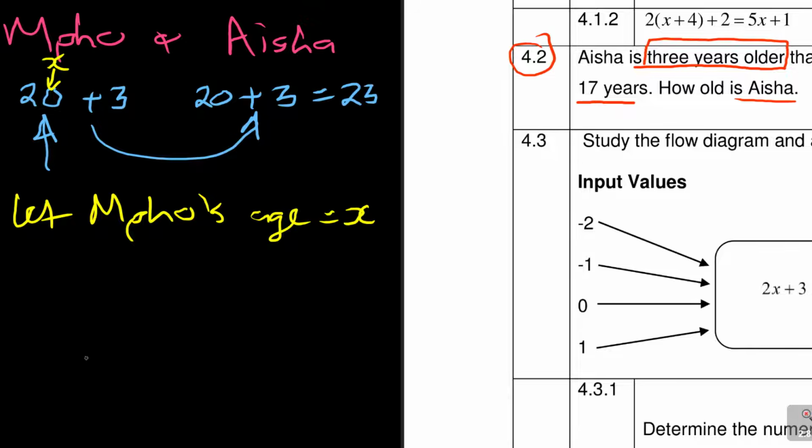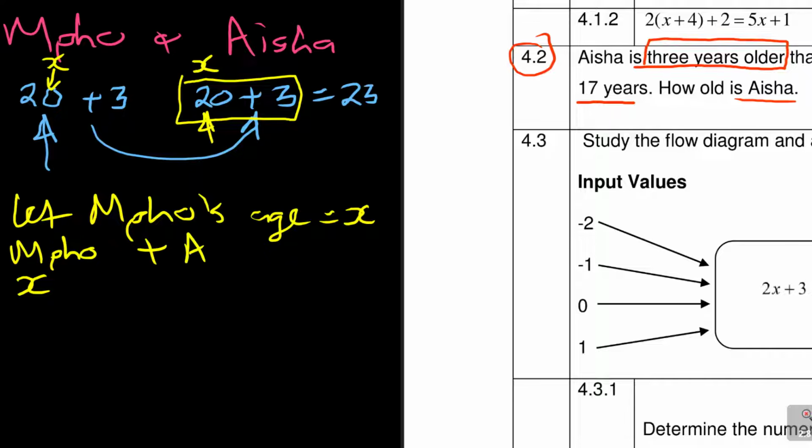So if we take Paul's age, which is X, plus Aisha's age, what do you expect Aisha's age to be? X, which is Paul's age, plus 3, because she's 3 years older. Are you getting that? So that is what we are having.